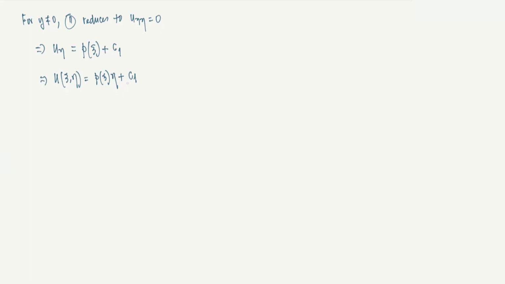So this is a harmonic equation, u_eta_eta. If you solve it, this is what we are going to get: c1 eta plus c2. Essentially this whole thing you can write like this. Any solution of this will look like u of xi and eta equals some function of xi times eta plus another constant c.